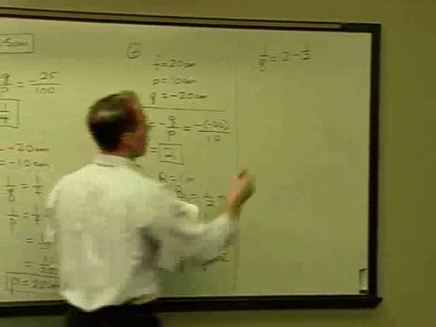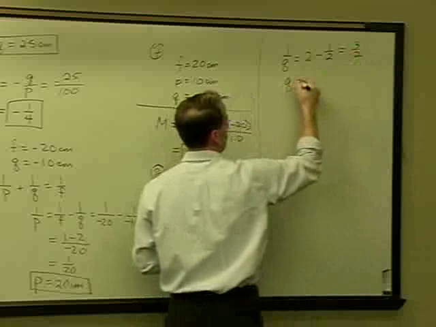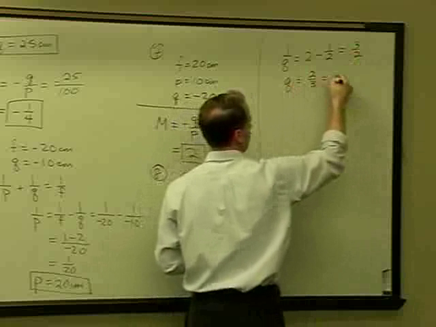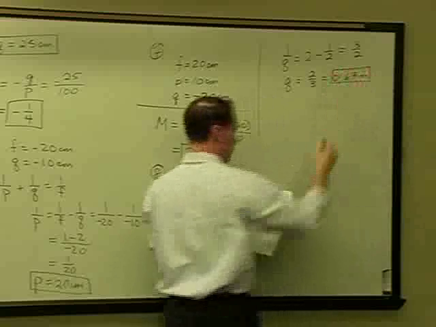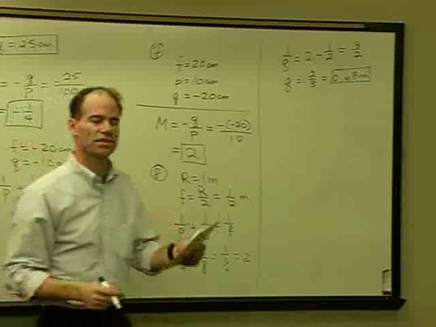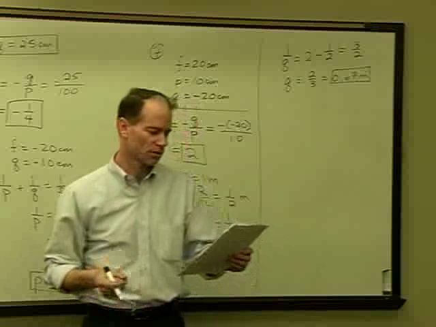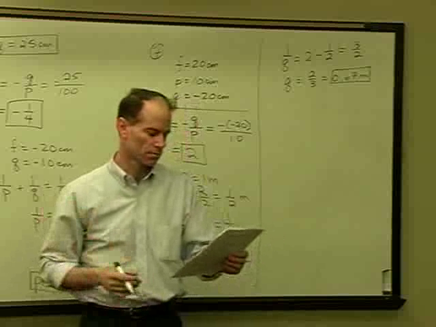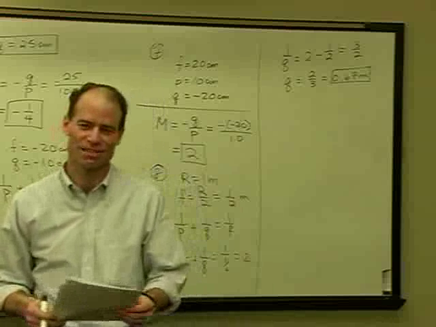And so it's 3/2, or q equals 2/3, 0.67 meters, positive. And so that'll be the location of the image, 0.67 meters. Positive, which means it's on the, well, it's a mirror, so it's on the same side as the rays coming in.